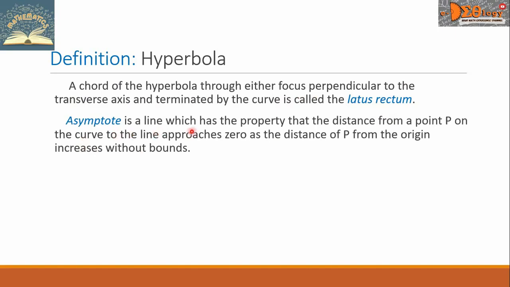Asymptote is a line which has the property that the distance from a point P on the curve to the line approaches zero as the distance of P from the origin increases without bounds.